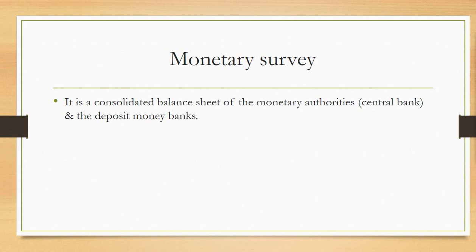The last account is the monetary survey. The monetary survey is a balance sheet of the monetary authority, or the central bank, and the deposit money banks. So it is related to the monetary system in the country.